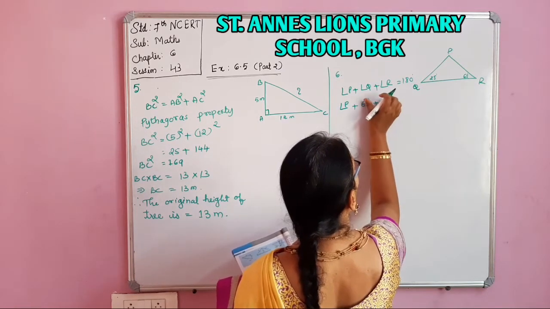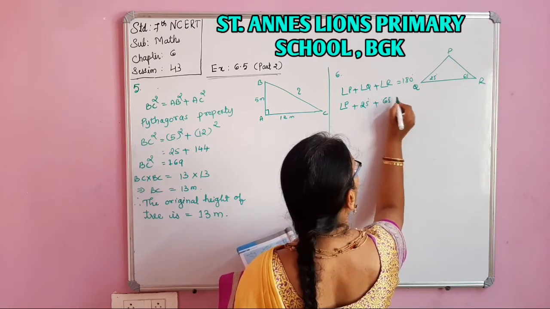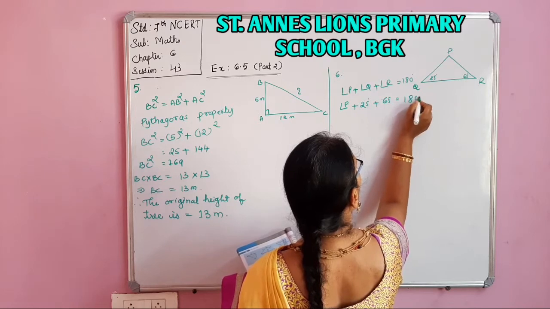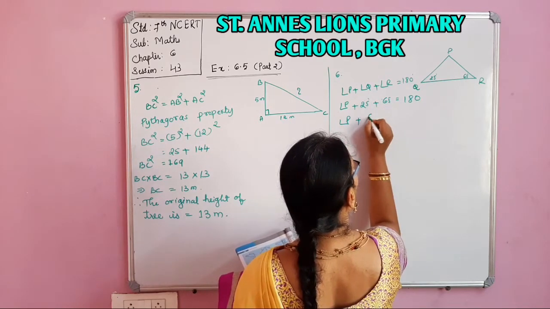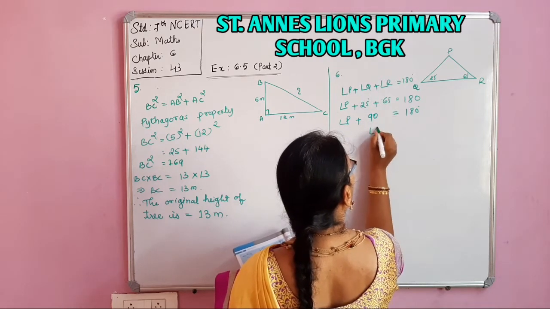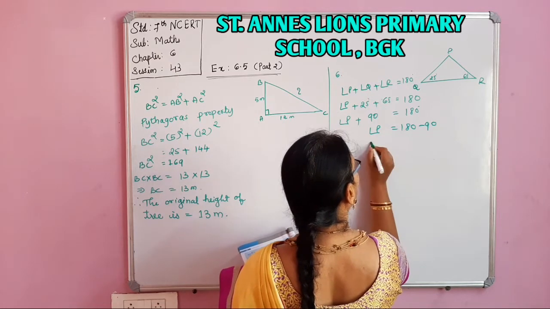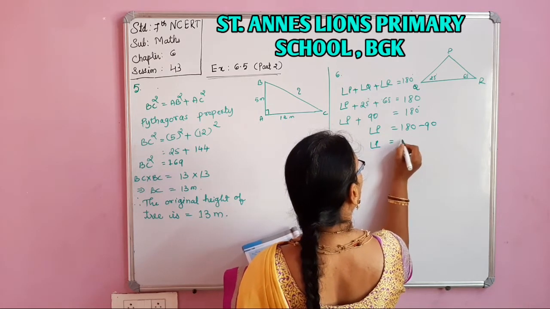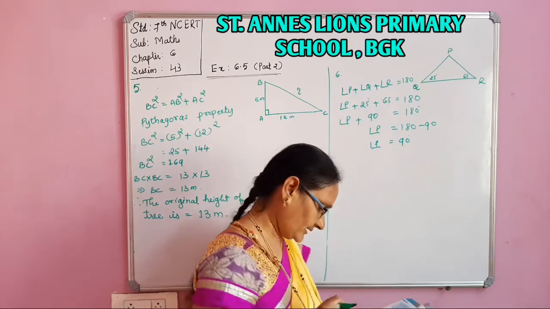So Q is 25 and R is 65, and the sum is equal to 180 degree. So angle P plus 90 is equal to 180. So angle P is equal to 180 minus 90. So angle P is 90 degree.